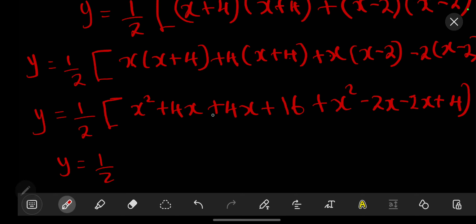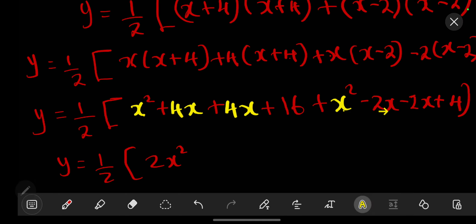Then let's add where possible. So we have x times x squared, it will be 2x squared. So this gives us a 2x squared. Then we add the ones with just x, 4x plus 4x, minus 2x minus 2x, like that.